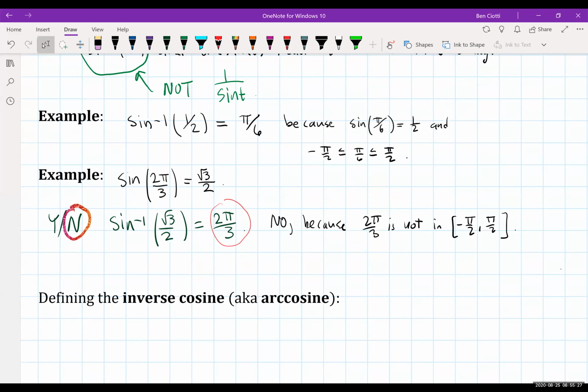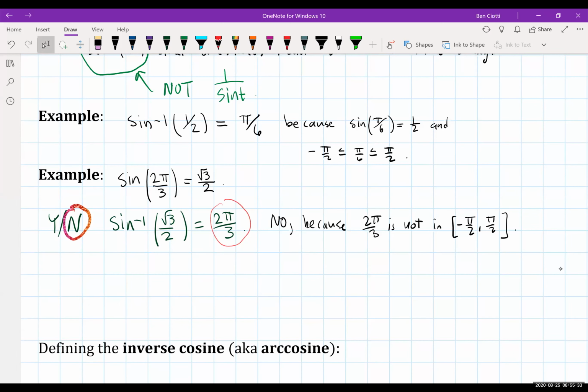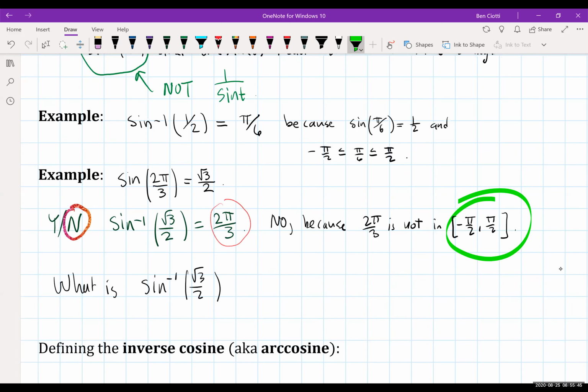In fact, what is inverse sine of root 3 over 2? I just told you it's not 2 pi over 3. It's going to be the angle that's in our permitted interval. Some people are private texting me the answer, and they are correct.